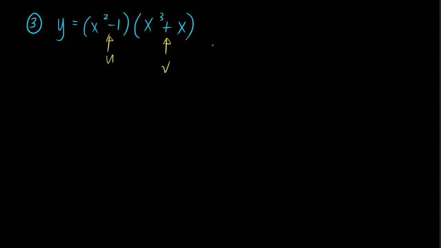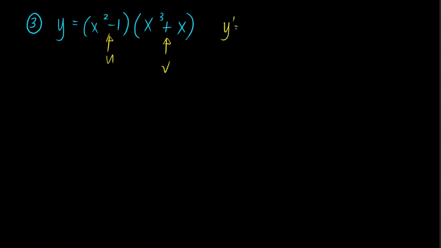Another example. So this is example number 3. Okay. Y is equal to x squared minus 1 times x cubed plus x. Okay. So, pagkakita nyo sini, may duha ka functions, may parentheses, so nag-multiply kita sina product rule. Call this u, call this v, okay?